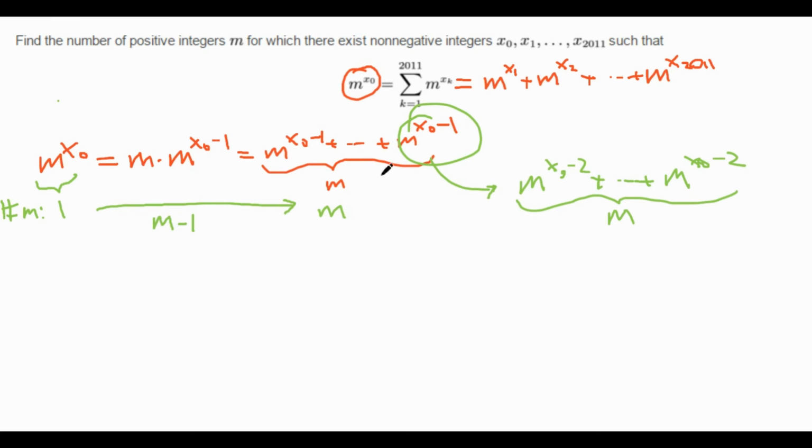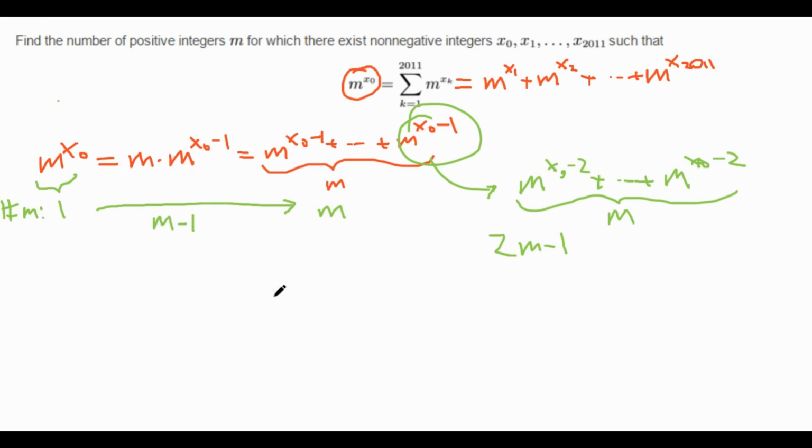And we see that there are already m powers of m to the power of x0 minus 1, and one of these is changed to m powers of m to the power of x0 minus 2. So the total number of powers of m in this case is, well, we already have m of them. We subtract 1 and add m, so the total number is 2m minus 1 powers of m.